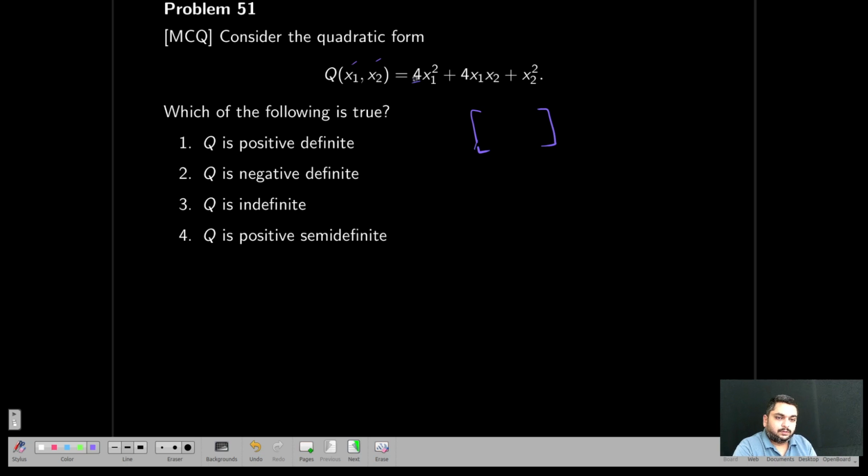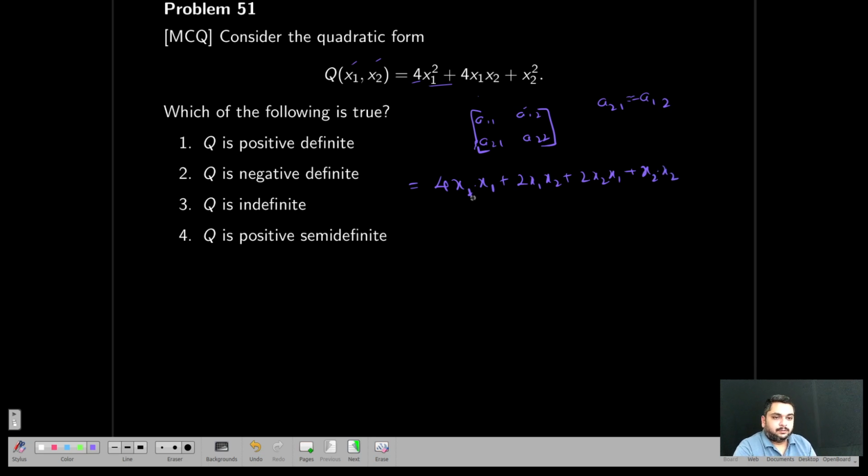Just in the first problem, I'll tell you how to write. Okay, already you know it. So this is A11, A12, A21, A22. In the quadratic form, this is symmetric, that is A21 will be equal to A12. So convert this to the matrix form. I can write it as 4x1 into x1 plus 2x1 x2 plus 2x2 x1 plus x2 into x2.